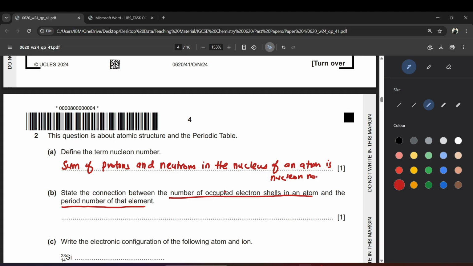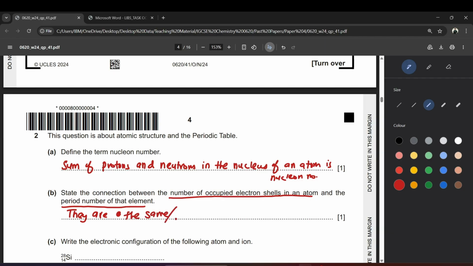So if there is an element which is in period number 3, that means that particular element has 3 occupied electron shells. Now those shells could be fully occupied or partially occupied, but the main idea is that they are occupied by electrons. So we can say that they are the same.